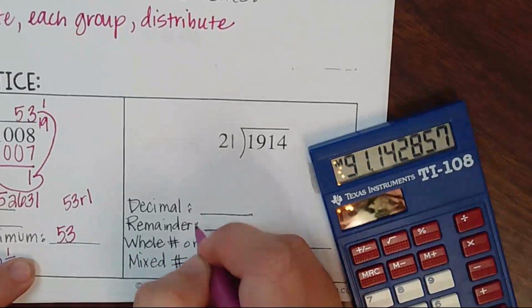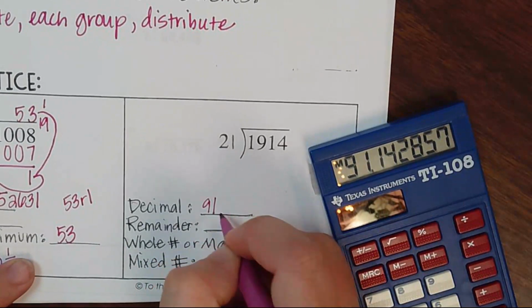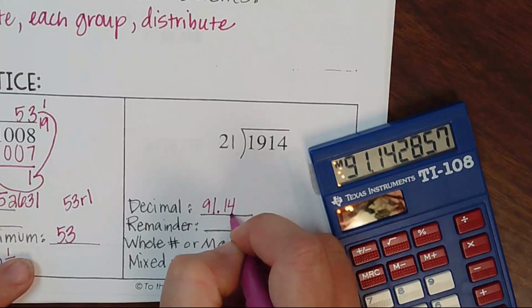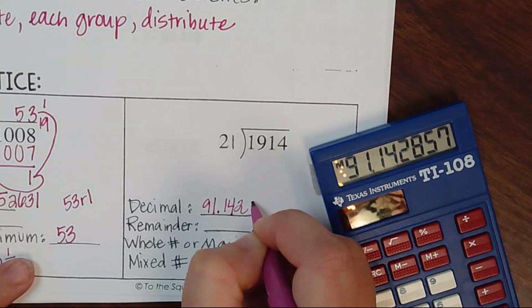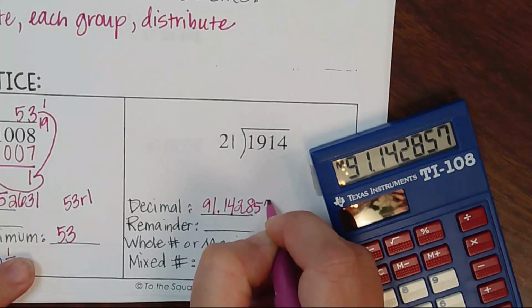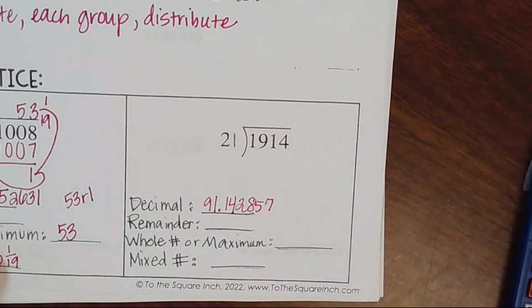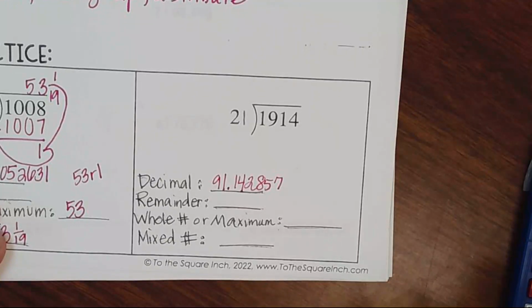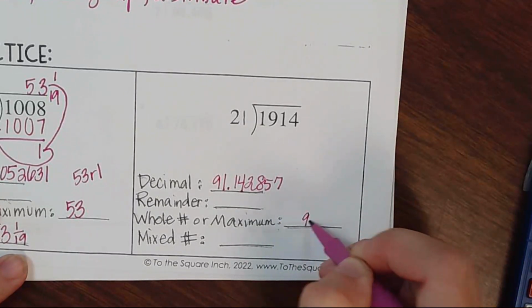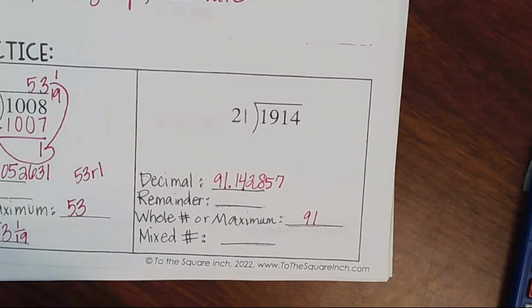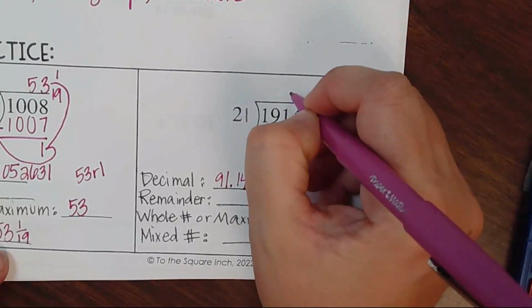You get another decimal that goes infinity and beyond. Now that I know my decimal, I also know my whole number. And if I look at step 1, that whole number also goes on top of the house.